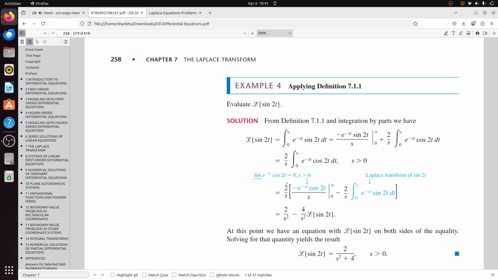In trigonometry we know that sin square theta plus cos square theta equals 1, and in Laplace, if you add the transformations of sin t and cos t, you will get, no sorry, that is not happening.